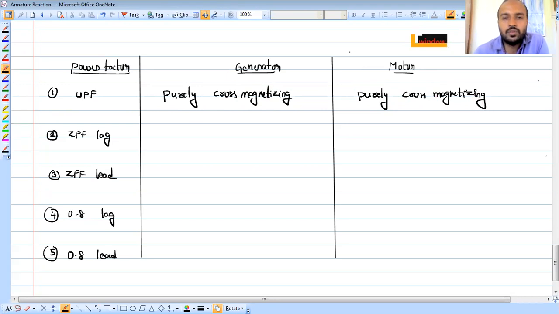Coming to ZPF lagging, in case of generator, it is purely demagnetization.